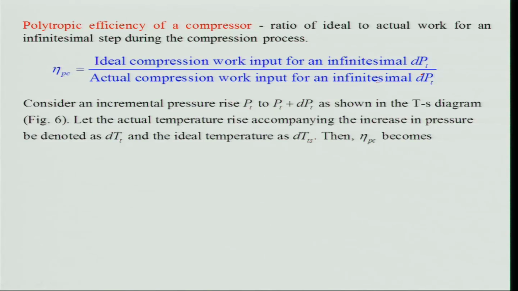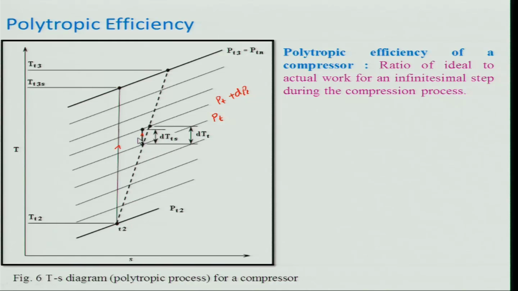So, considering the incremental pressure rise P_t plus dP_t as shown in the T-s diagram, you can see this efficiency will be dT_ts divided by dT_t, which is nothing but your polytropic efficiency, because this is for isentropic, and this is for the actual, right.